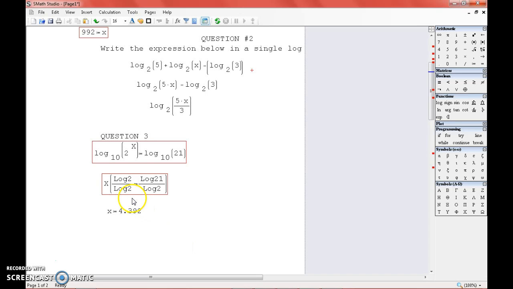And so all you have to do is divide both sides by log 2 to get rid of this log 2. So log 2 divided by log 2, that cancels out. So therefore x is equal to log 21 over log 2. And if you put that in your calculator, then you will get 4.392.